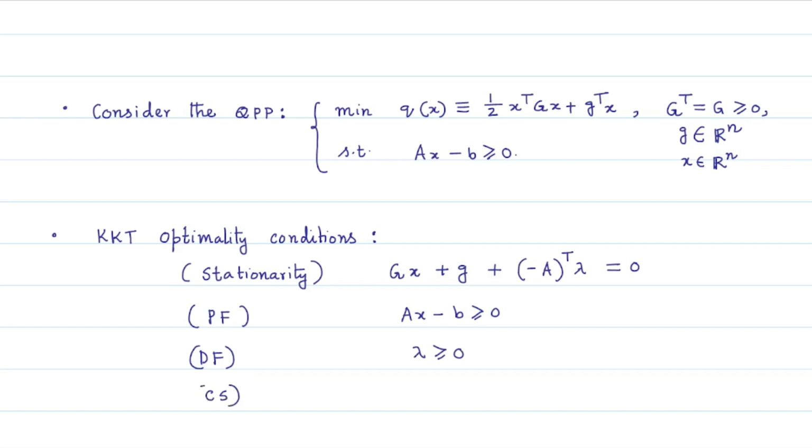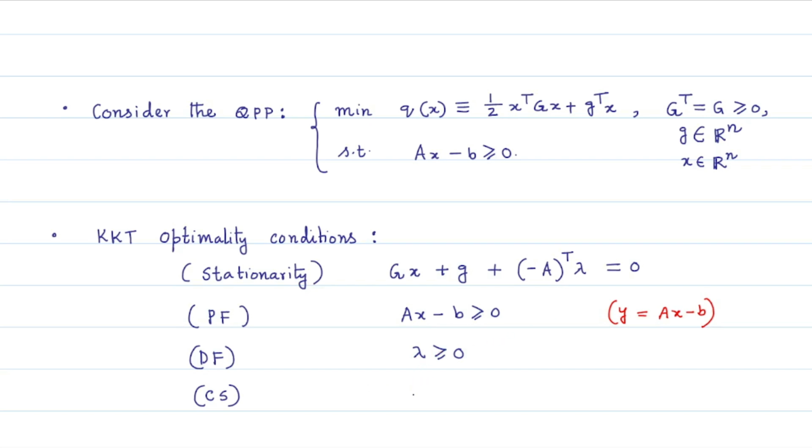And the complementary slackness condition will give us the slack variables for these constraints. If I just write y as Ax minus b, that will give us the slack variable vector. Component-wise, considering the components of y and lambda, their product will be equal to 0.